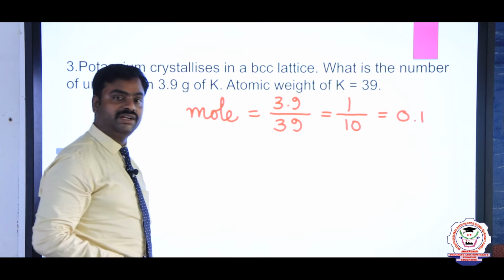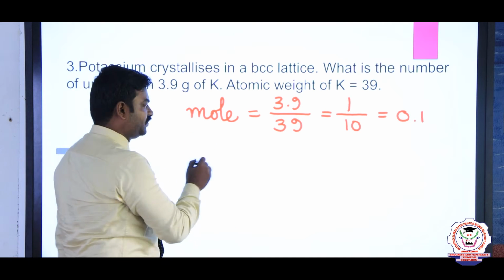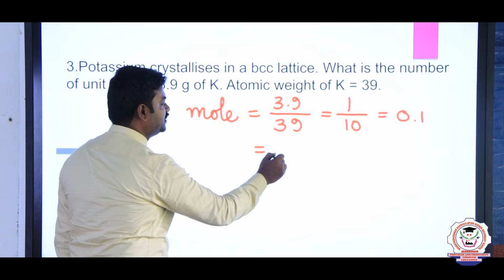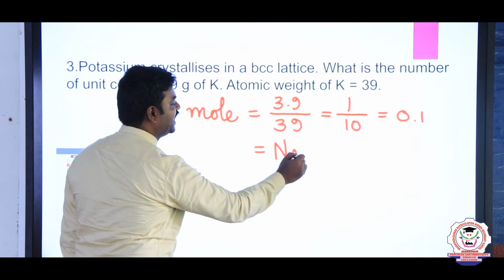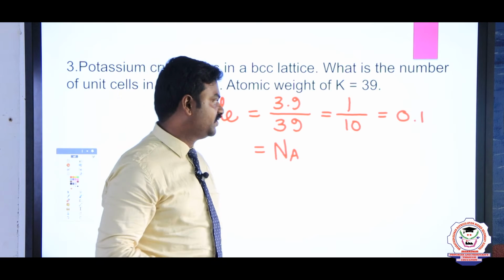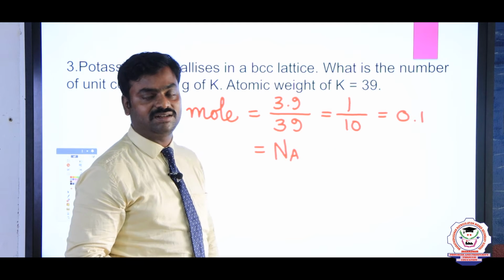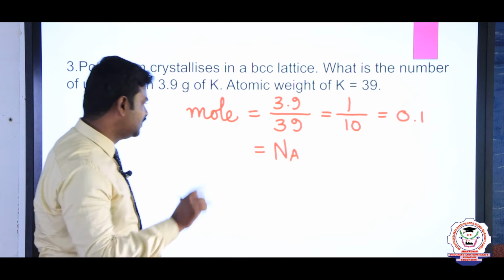Now how to find the number of atoms? See, in 1 mole, Avogadro number of atoms are possible. That is Na, which represents the Avogadro number. Here we have only 0.1 mole, so how do we calculate the number of atoms?